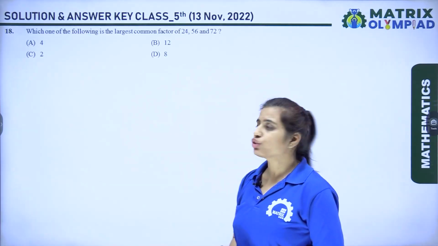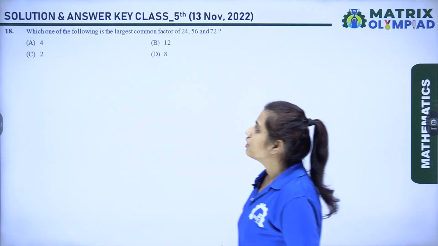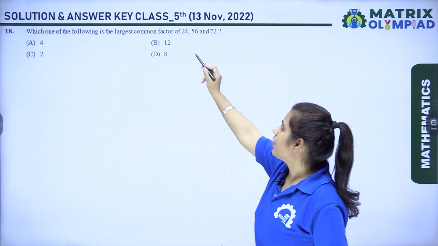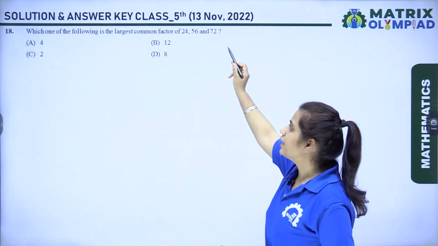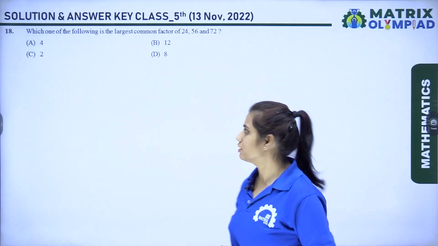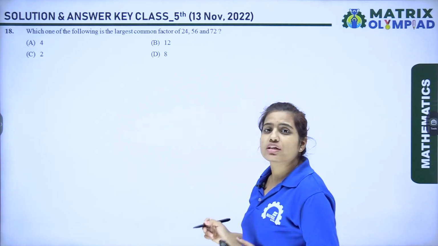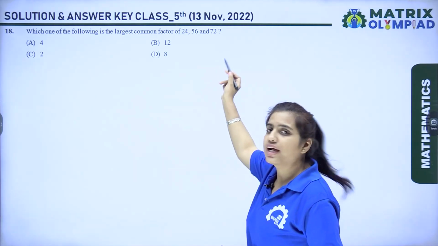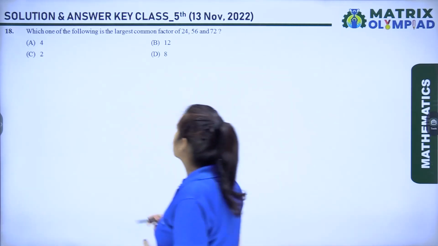Now the next question is, which one of the following is the largest common factor of 24, 56 and 72? We have to find out the largest common factor. Now let's write down the factors of 24, 56 and 72 first.